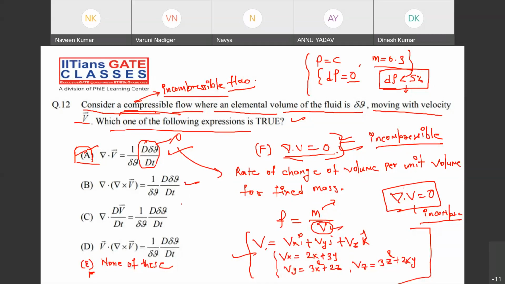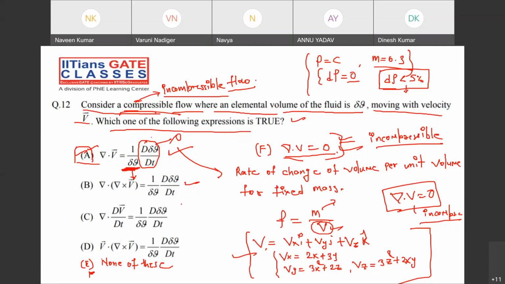This question can again be manipulated, like some volume would be given to you, and they will ask what will be the rate of change of volume. Let's say some value of delta V is given. They will tell you to consider this a compressible flow, because compressible flow means volume is going to change while mass is constant.